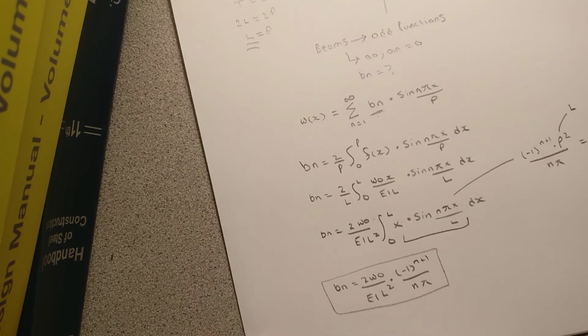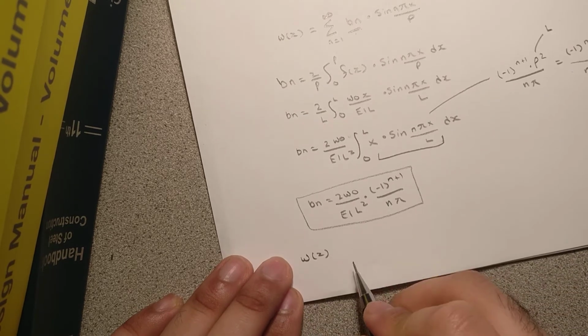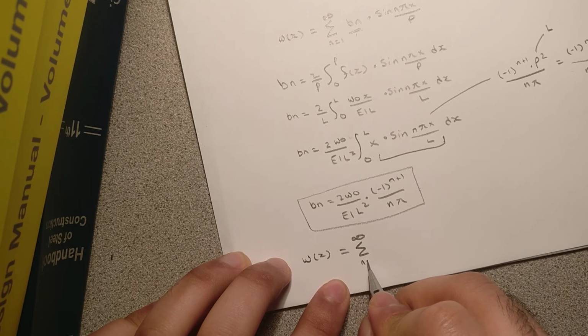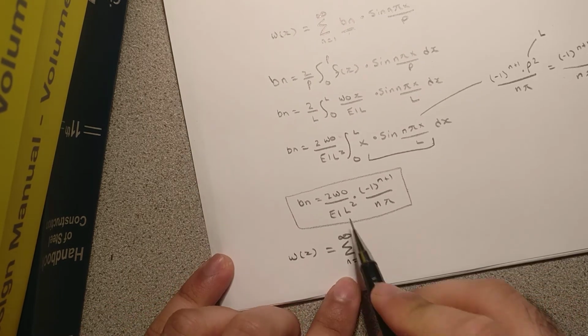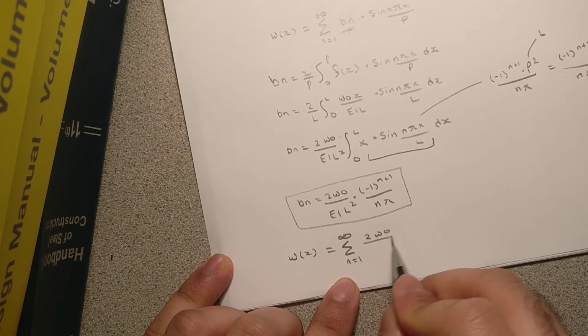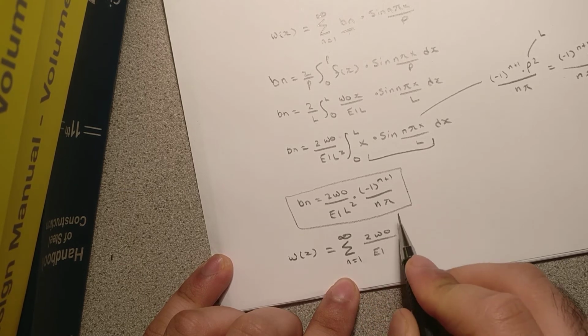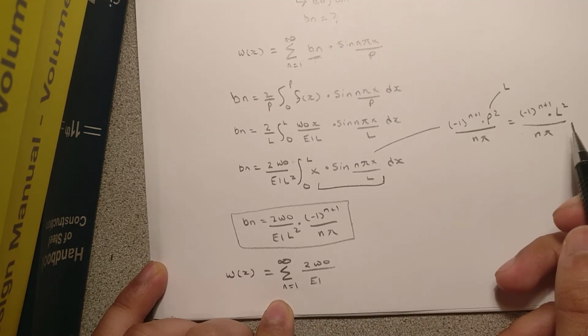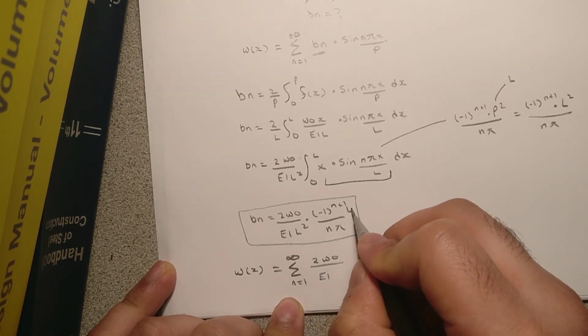So our W(x) function, or our load function, is going to be equal to the summation from n equals 1 to infinity of Bn, which we just solved, 2W naught over EI. Oh, we forgot our L squared. There's L squared here.